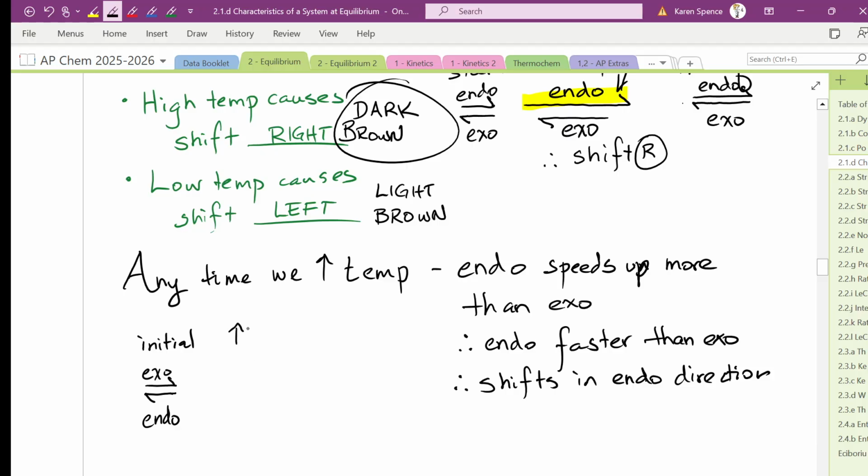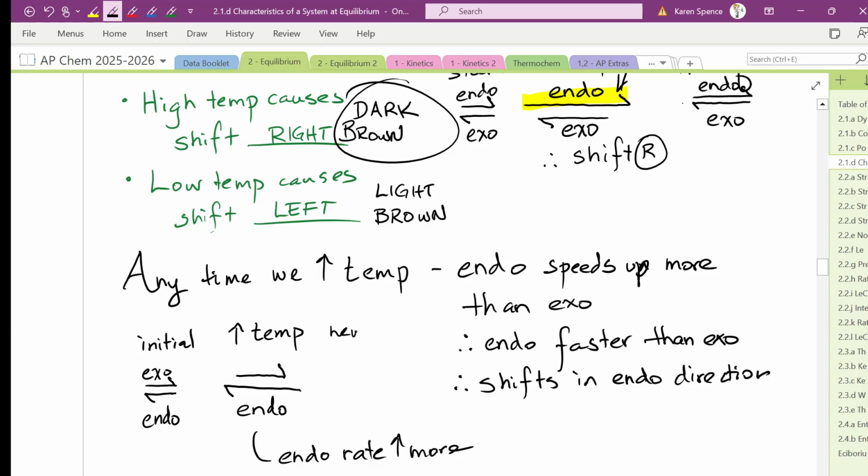Now, when we increase the temperature, what happens to both rates? Both increase. Which one increases more, forward or reverse in this case? Reverse, because in this case, the reverse is endo. Endo rate increases more. And so the exo also increases, just not as much.